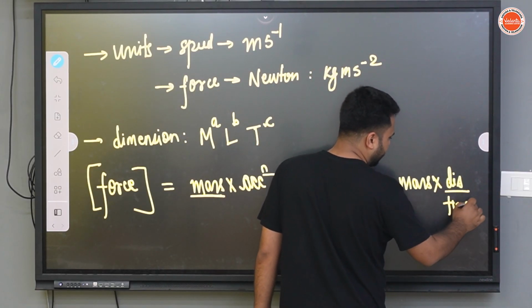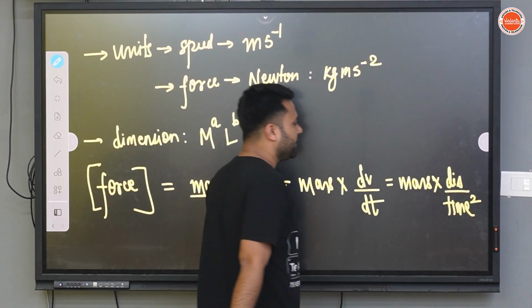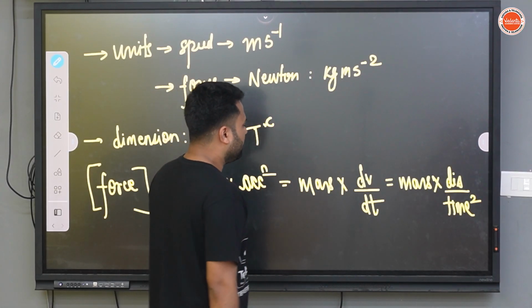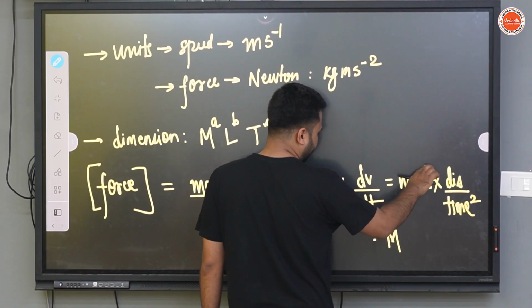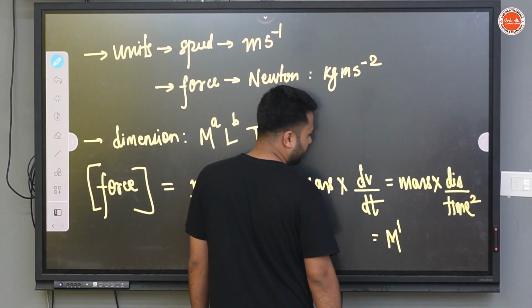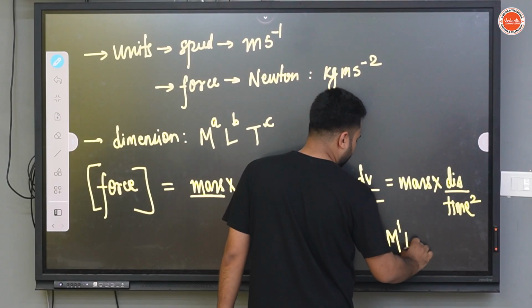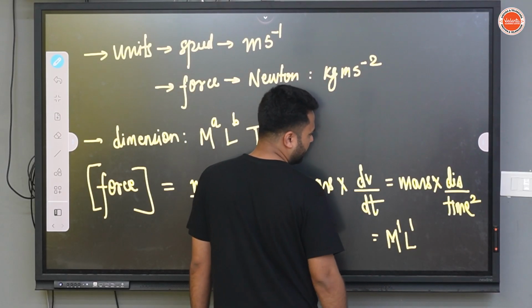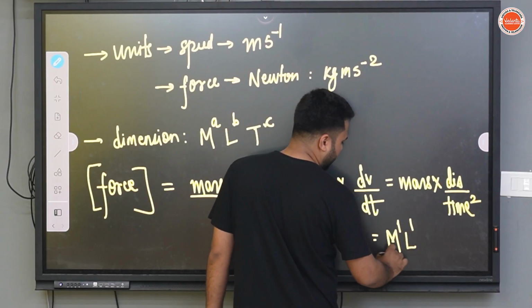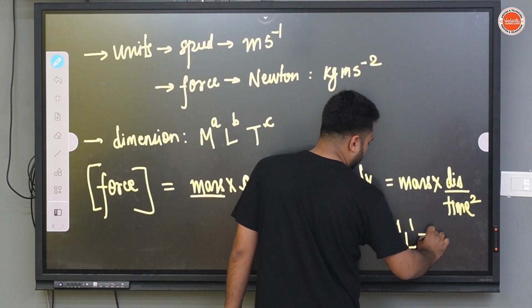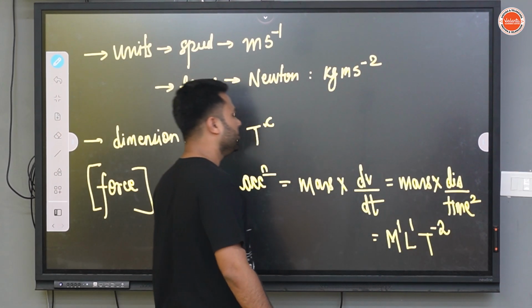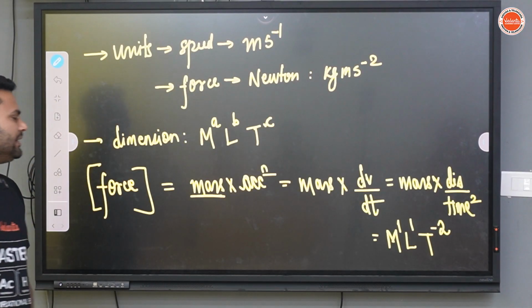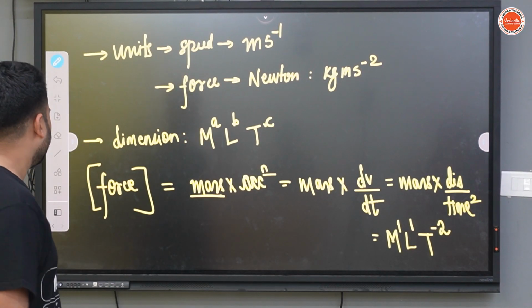So again divided by time means time square. So mass you can write M, only one, nothing is there means power 1. Distance is what? Length, so length to the power 1, divided by time square, so T to the power minus 2. So M L T to the power minus 2, this is the dimension of force.